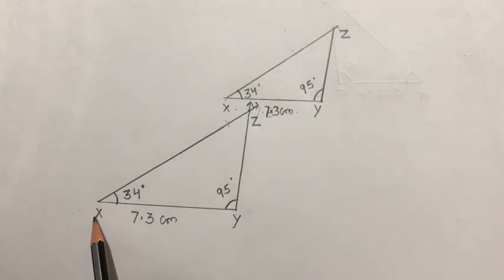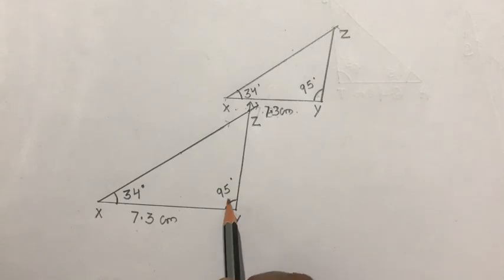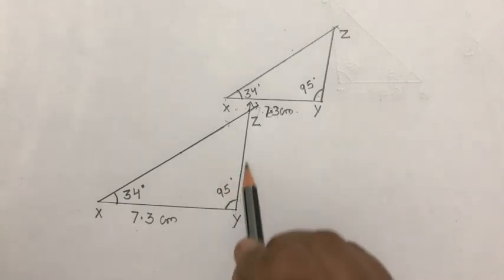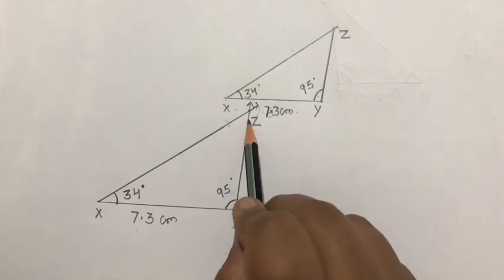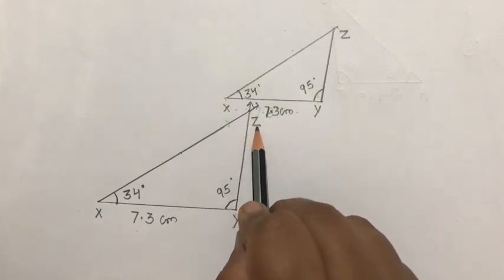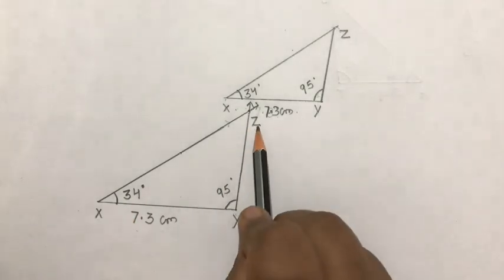So first of all you have to draw XY 7.3 centimeter, angle X 34 degree, and then angle Y of 95 degree. Then where these both rays are intersecting, that intersection point is point Z. Like this you will get the required triangle XYZ.